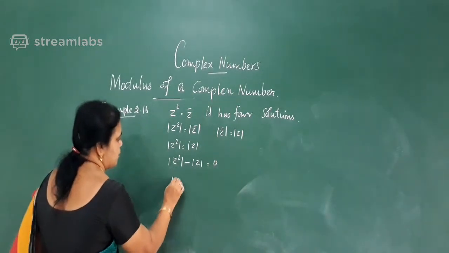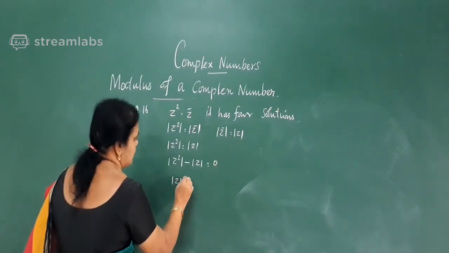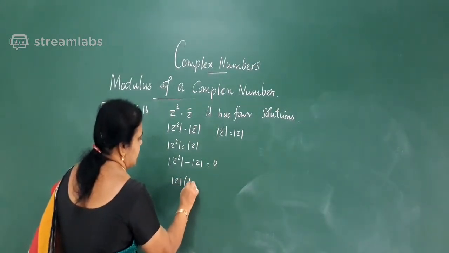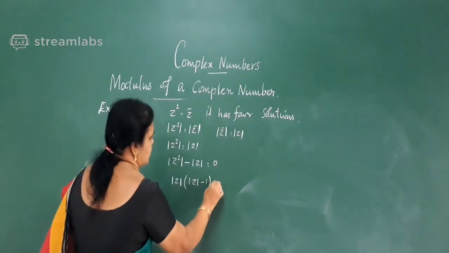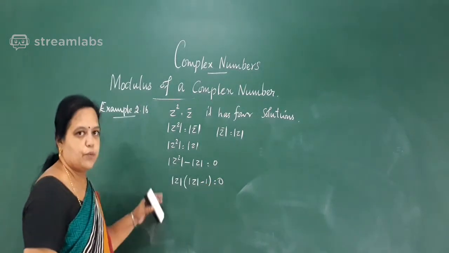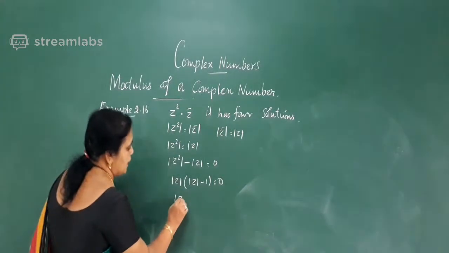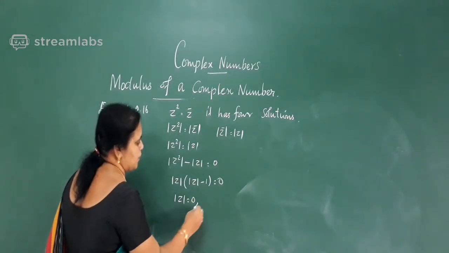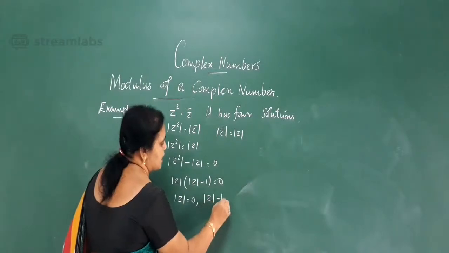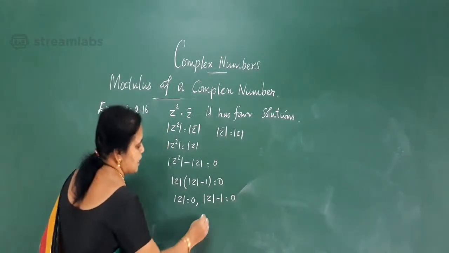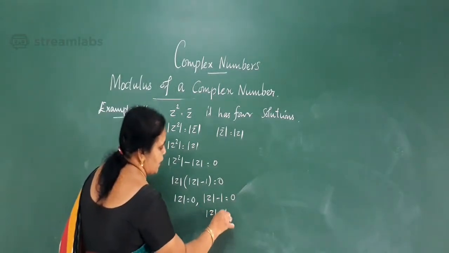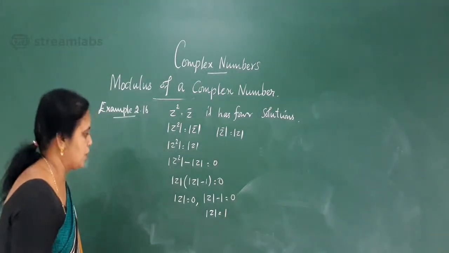From these two, I am going to take one common mod z, remaining mod z minus 1 equal to 0. These are the factors of this equation, isn't it? Either this will be 0 or mod z minus 1 is equal to 0. See, mod z is equal to 1.